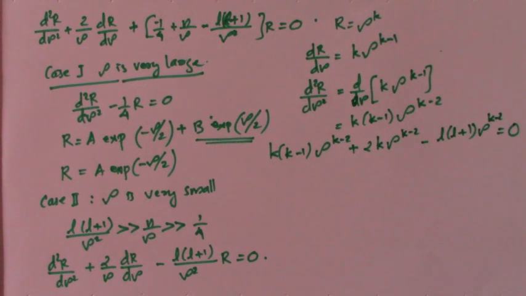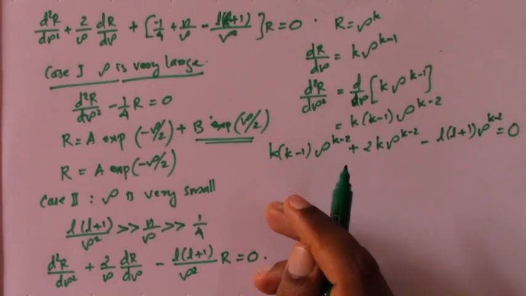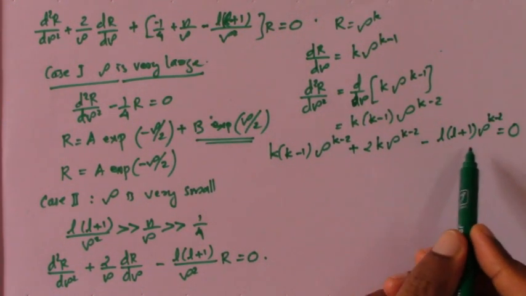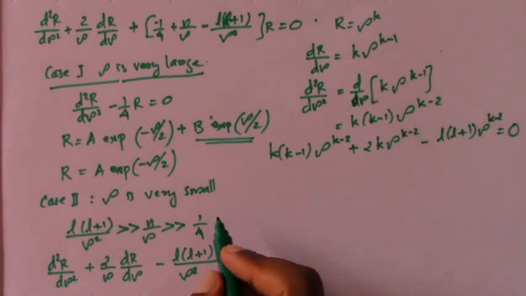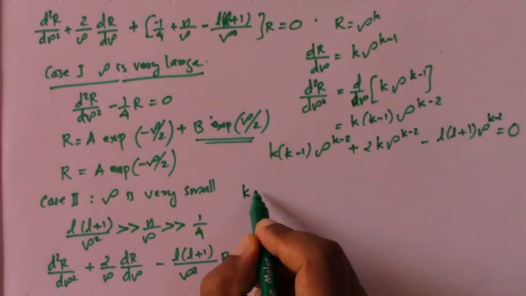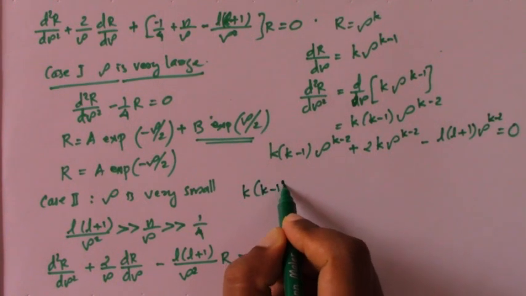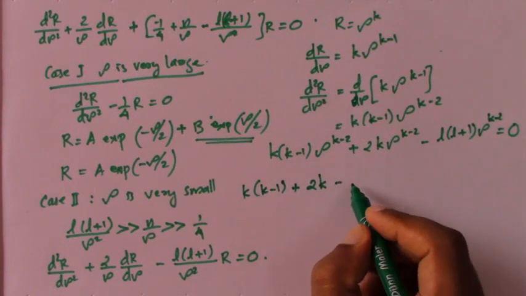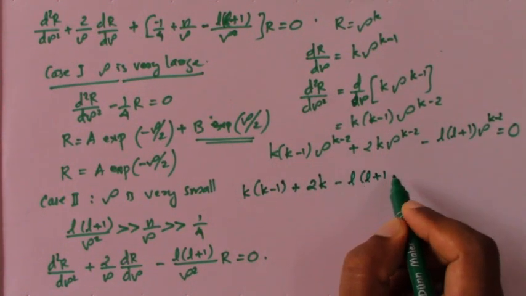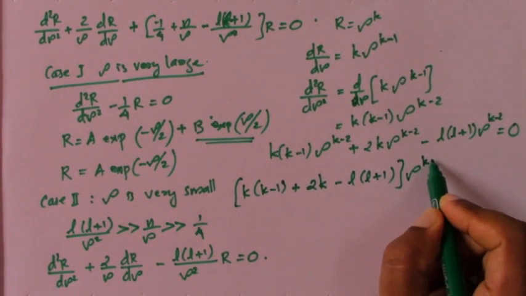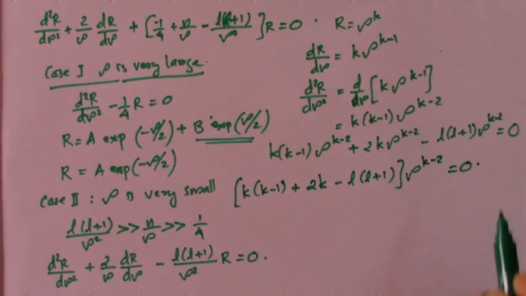From this equation we can just expand. ρ^(k−2) is a common factor in all the three terms, so we will write the common factor at the end. So we have [k(k−1) + 2k − L(L+1)] ρ^(k−2) equal to 0.